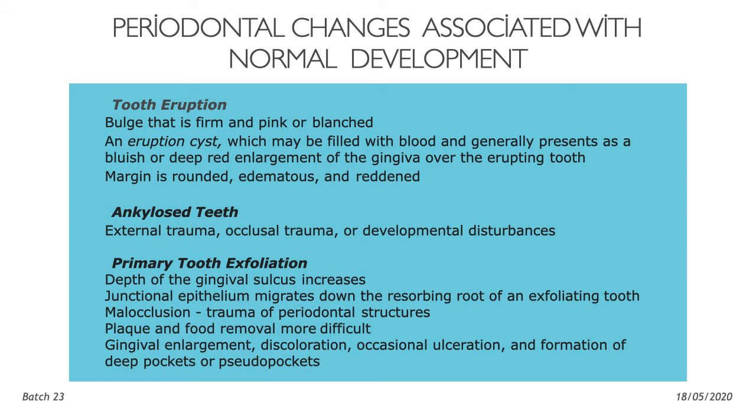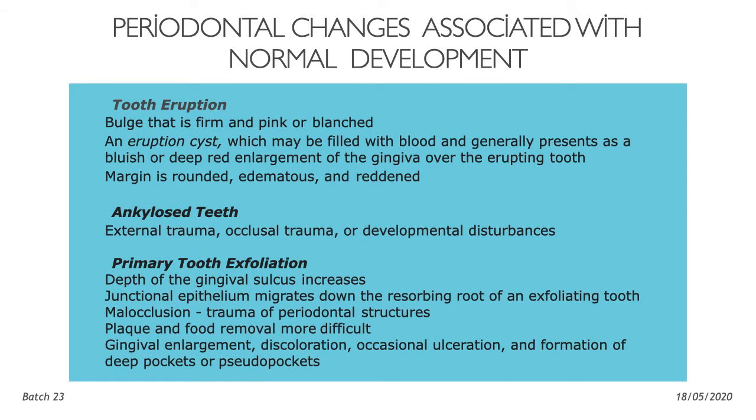So there will be malocclusion and trauma to the periodontal structures. Plaque and food removal may be difficult. Gingival enlargement and discoloration occur, and occasionally there will be ulcerations and formation of a deep pocket or a pseudo pocket during the primary tooth exfoliation.